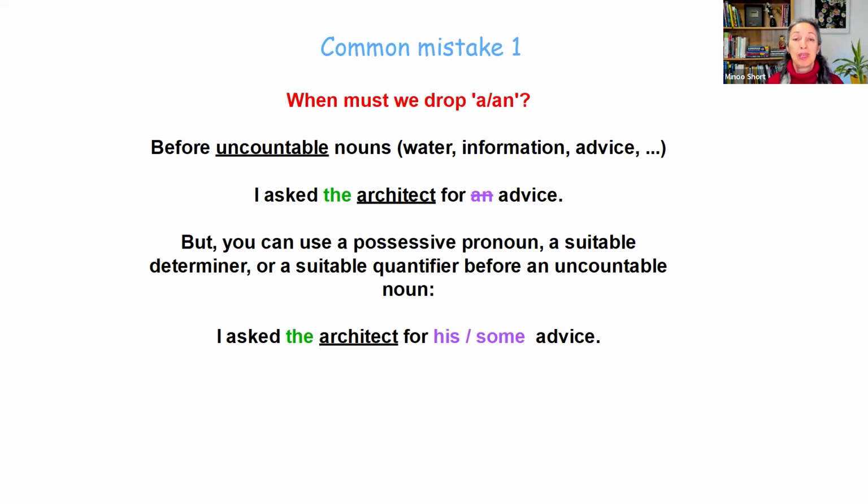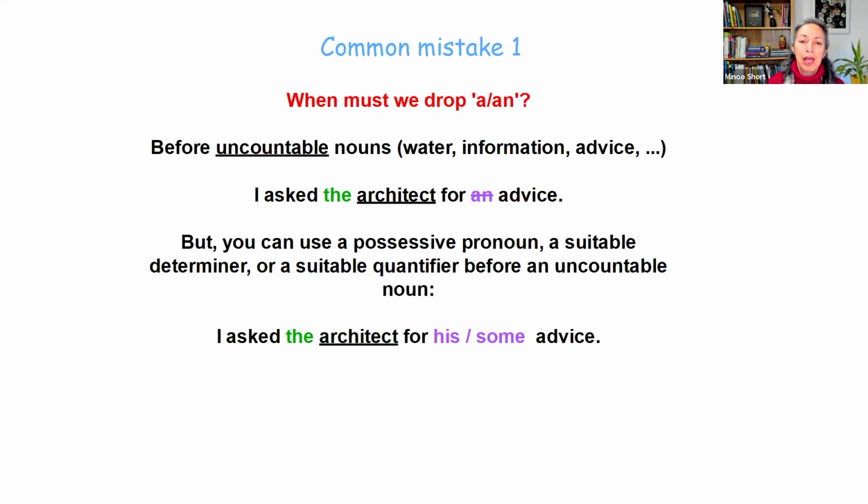In this case, we cannot use a or an. But you can use a possessive pronoun, a suitable determiner, or a suitable quantifier before an uncountable noun. You can say, I asked the architect for his advice or for some advice. So this is common mistake 1, to do with the indefinite articles a or an.